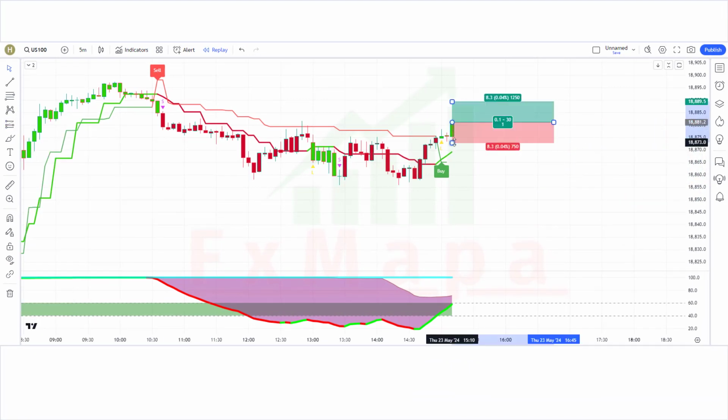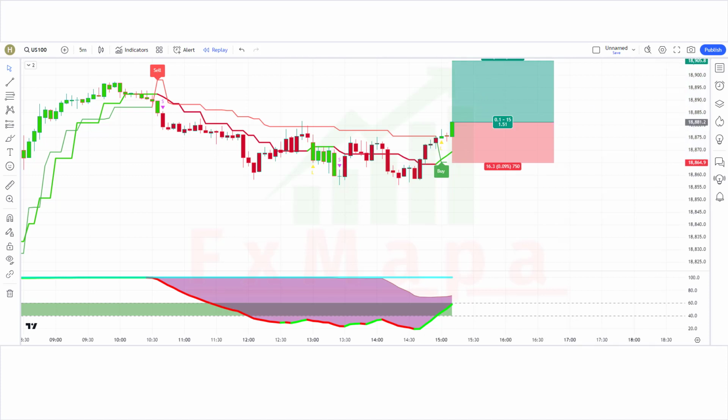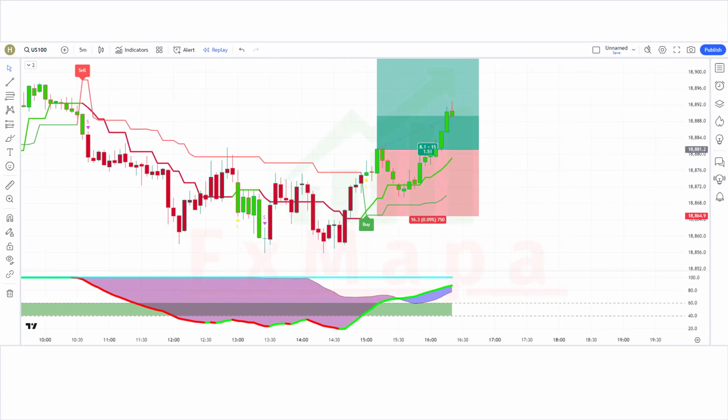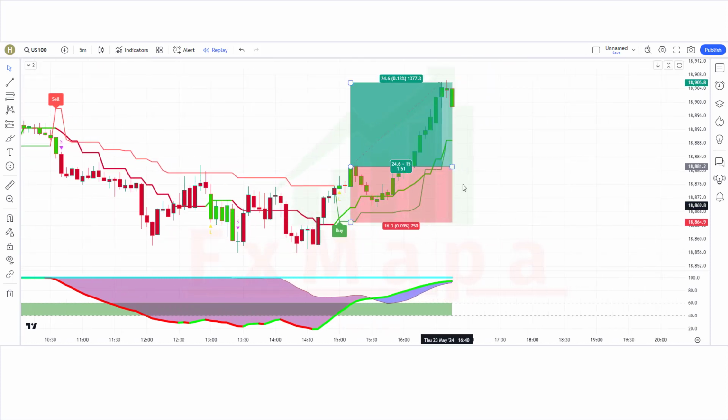Our stop loss will be placed at the Supertrend ATR indicator of TSL level, and the risk to reward ratio will be 1:1.5. The market has completely hit the target.